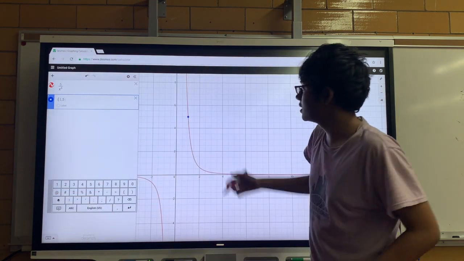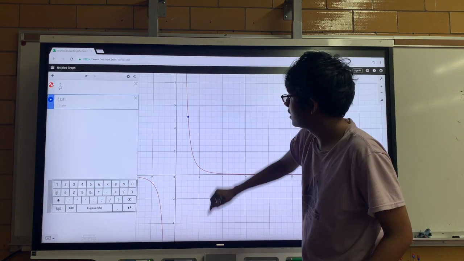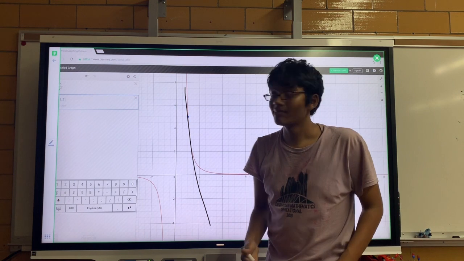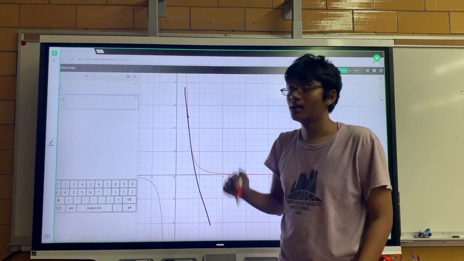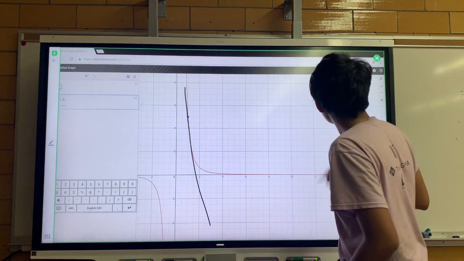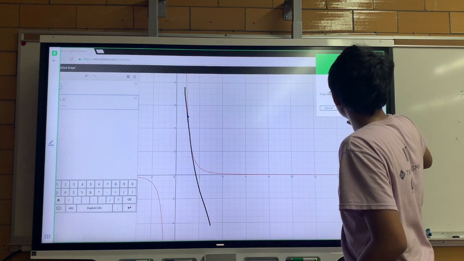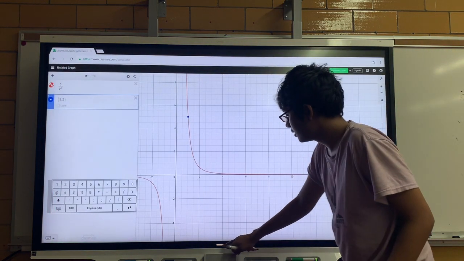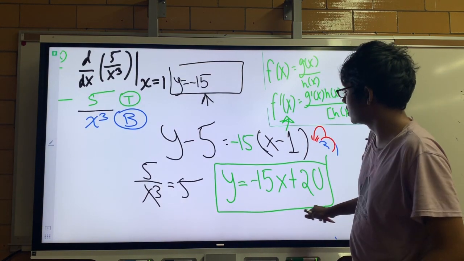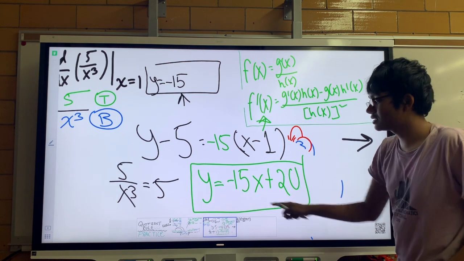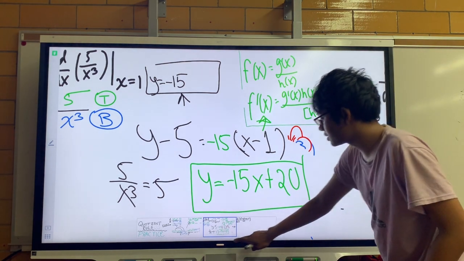I know my tangent line should look something approximately like this, something that approaches the slope of the function as it gets closer to my x value of 1. So how does my tangent line actually look? Well, let's go back to our formula. We see that our final answer was negative 15x plus 20.